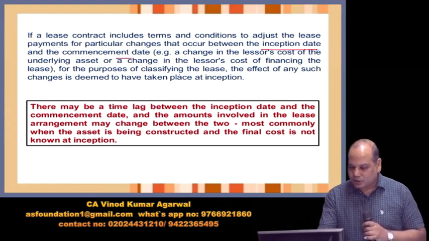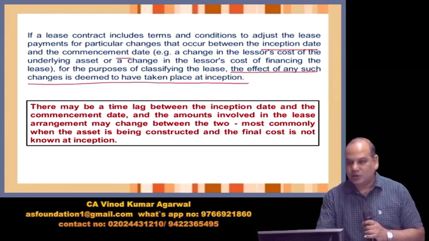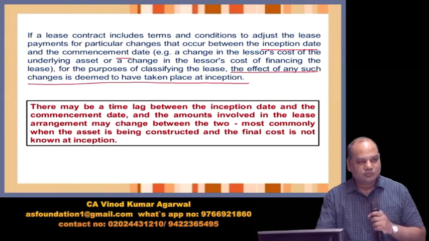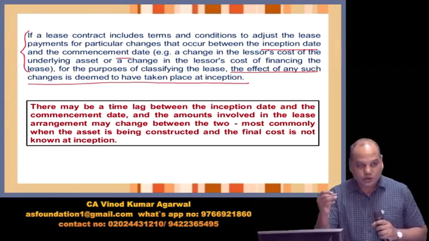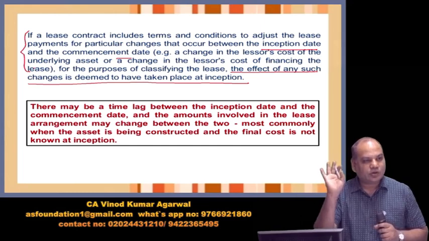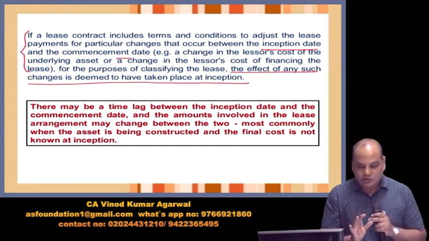For the purpose of classifying the lease, the effect of any such change is deemed to have taken place at inception. So between inception and commencement, if there is any change, you assume that this change is on the date of inception and do the classification accordingly.